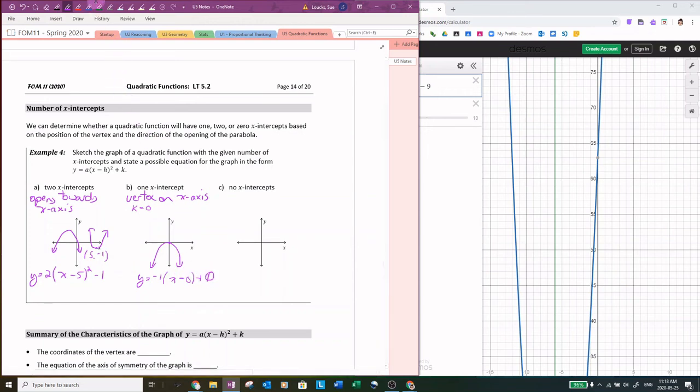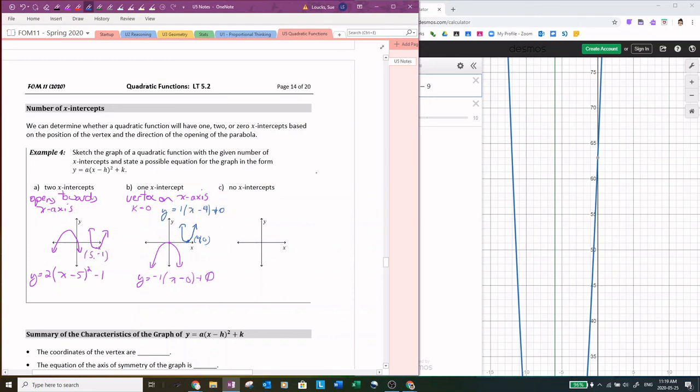Okay, let me do another one here. Over here, this would be y equals 1 times (x minus 4), let's call that 4. I mean, we don't have any scale on here, so it doesn't really matter, but this point could be (4, 0). And then it would be plus 0. Okay.